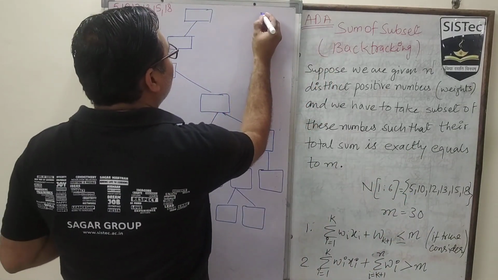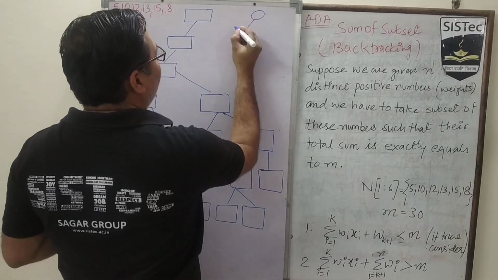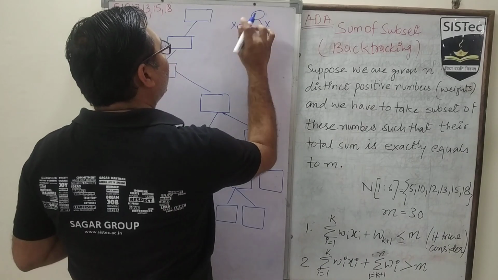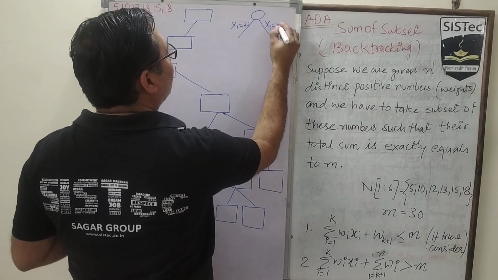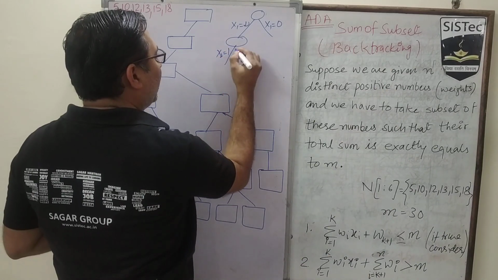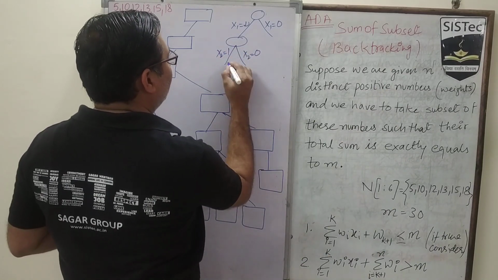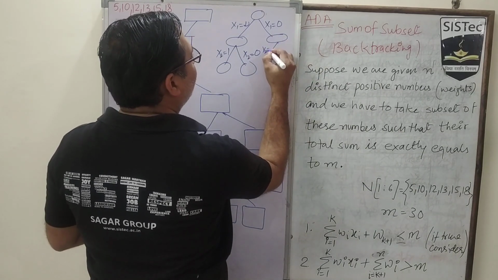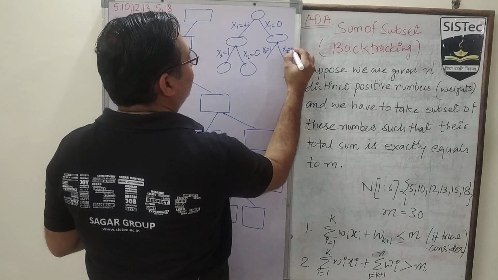So in our solution space tree, we can consider the first weight or we can reject the first weight. After considering the first, we can consider the second one or reject the second one. After rejecting the first, we can consider the second or reject the second.